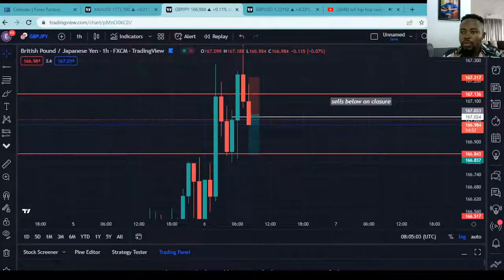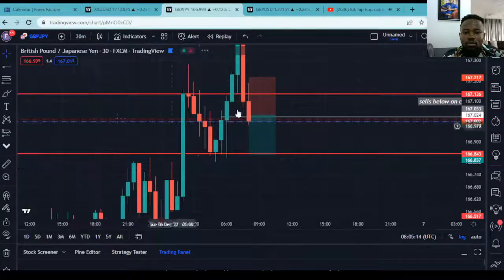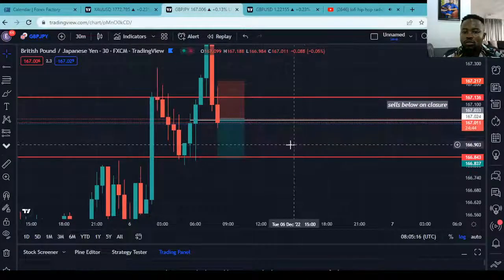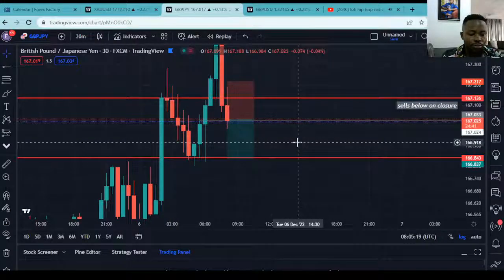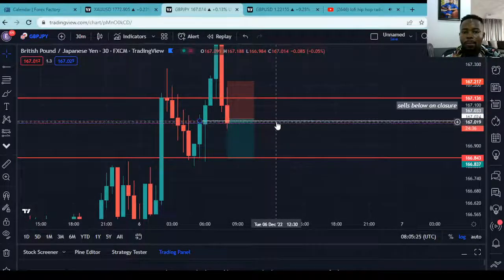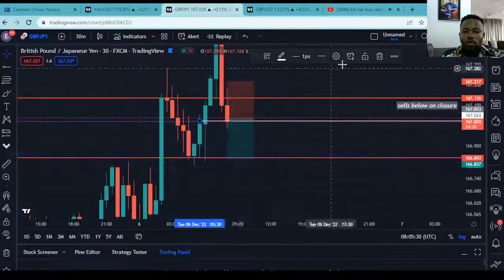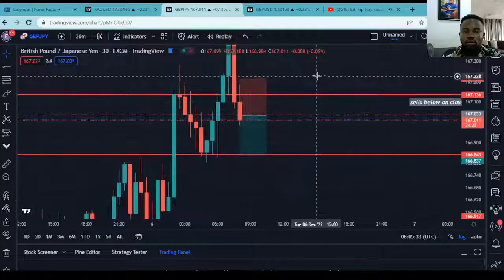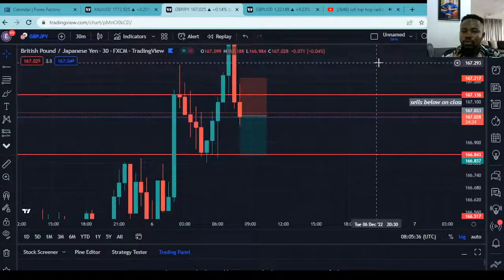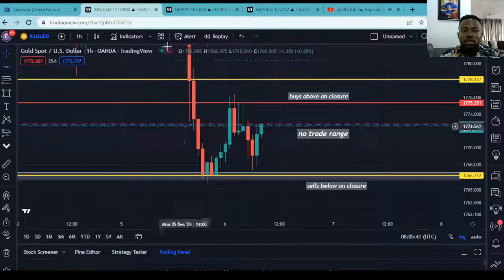So we are 4 pips up right now. Gold is still ranging, nothing on gold.